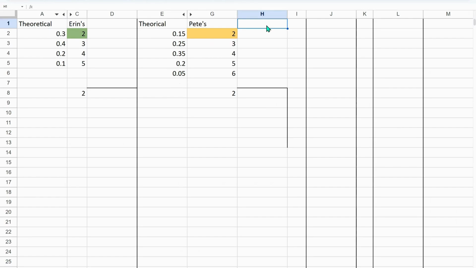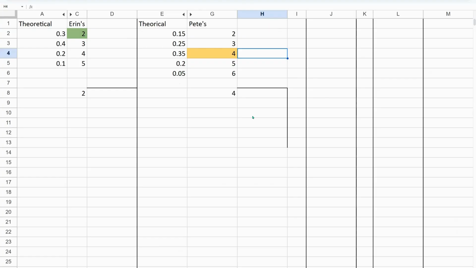And if I type in the number 1, you'll see that in this particular draw, Erin had 3 passengers and Pete had three passengers. On another day, they both had 5. It was a really good day. On another day, Erin had 2, but Pete had 3.